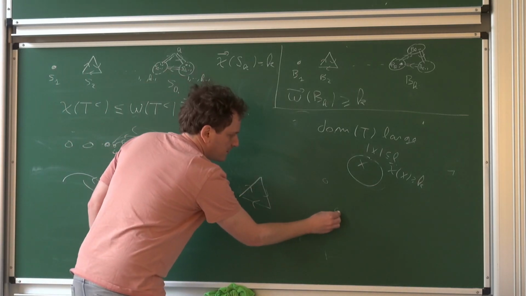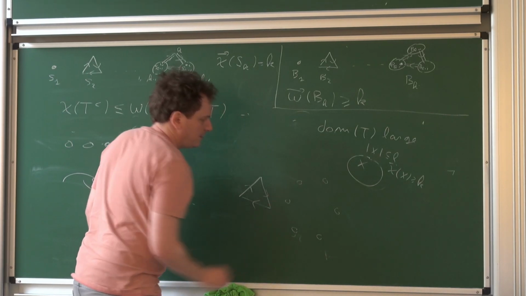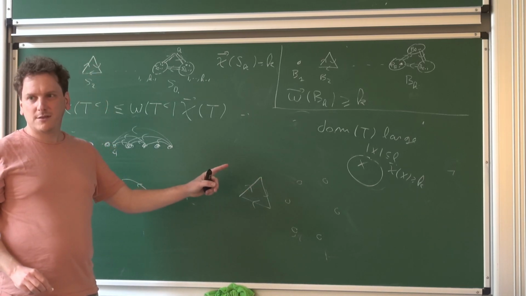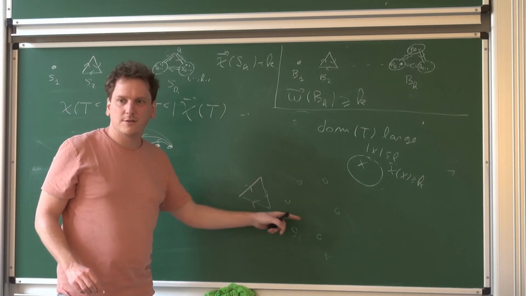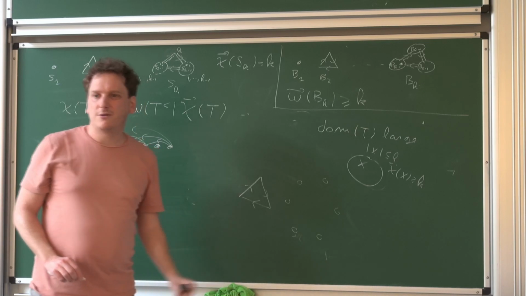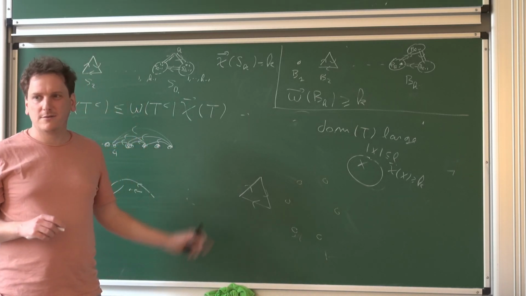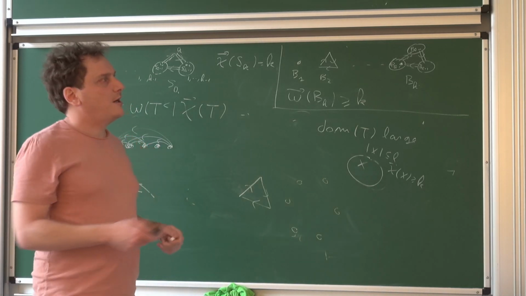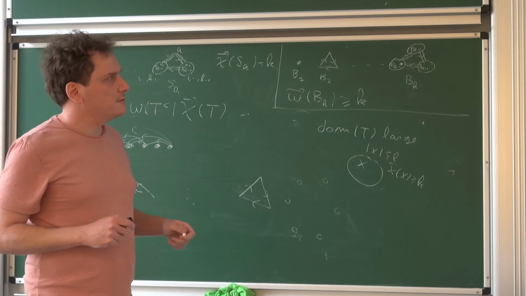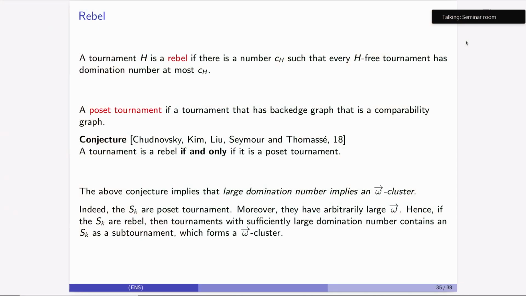I think the classic definition is that you can have a circular ordering of the vertices such that every directed triangle is clockwise. Well, I'm not sure anymore now, but you're right. What are we defining here? Poset tournaments. I know this is a good definition, this is the one they use. Okay, yeah. Sorry.